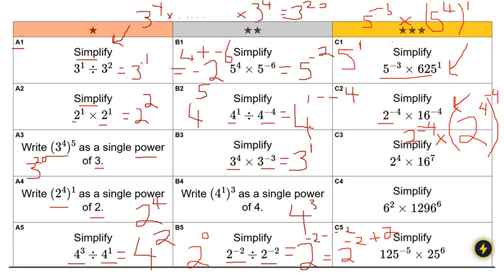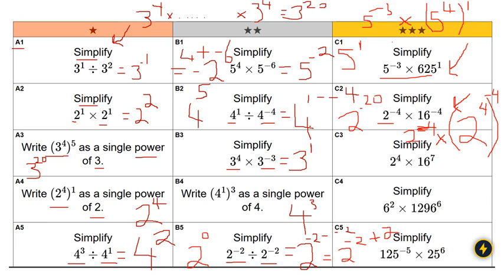So this part here is a lot trickier, and I'd probably say it's higher tier only, but it's knowing how to write numbers in base powers. So 4 times minus 4 makes minus 16, plus minus 4, that will go to 2 to the power of minus 20.